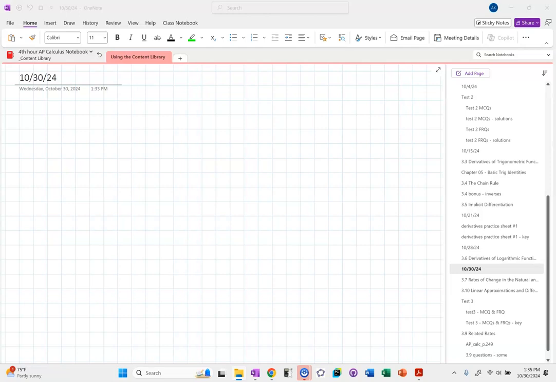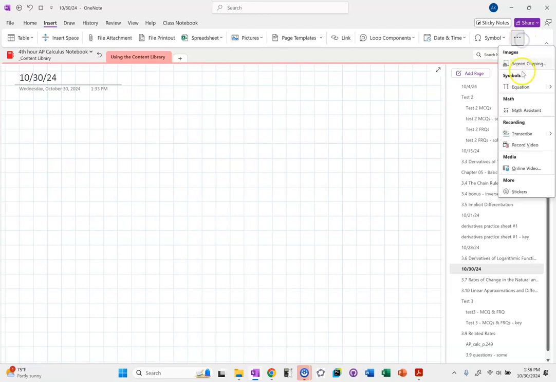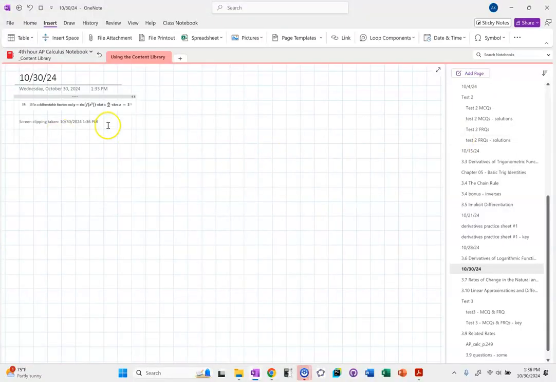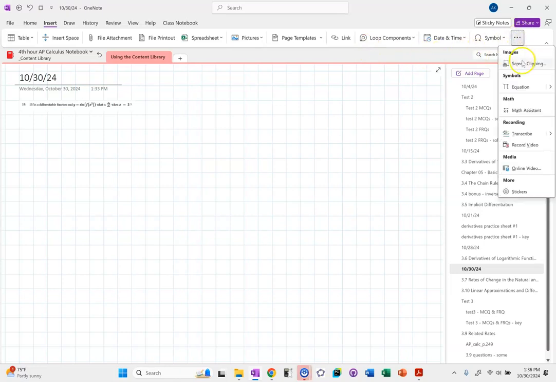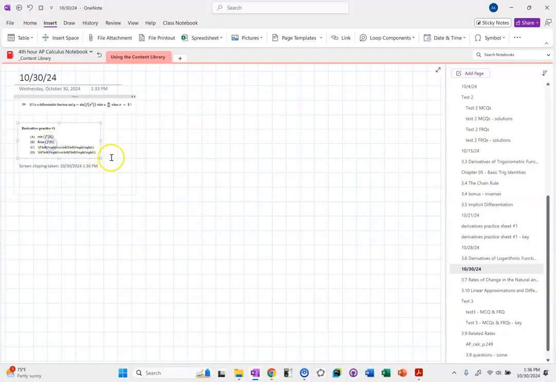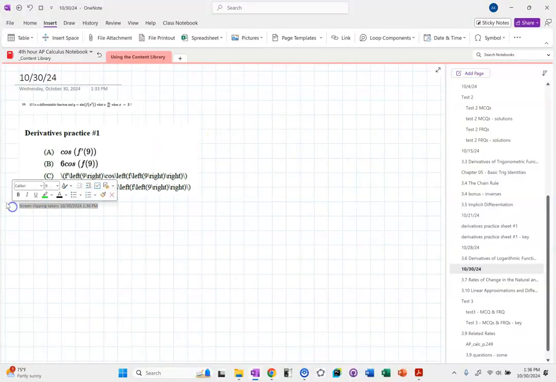Let me pull that up real quick. Okay. So for whatever reason, when I made this, the LaTeX didn't convert, which is super annoying. So we have 2 nonsensical answers.